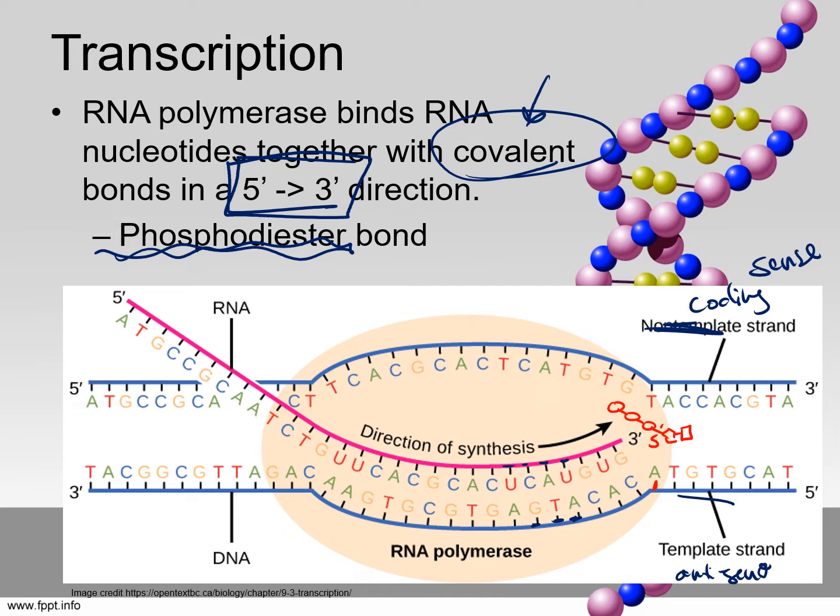Polymerase is going to use the energy bound up in those extra phosphate groups to make the new covalent bond between this guy and the next guy. So that bond is made using the energy from those extra phosphate groups. Those phosphate groups are on carbon number 5. So we have to add the 5 to the 3. We have to go in that 5' to 3' direction in order to make that new covalent bond, because the 5' end of the nucleotide is where we've got all that energy stored.